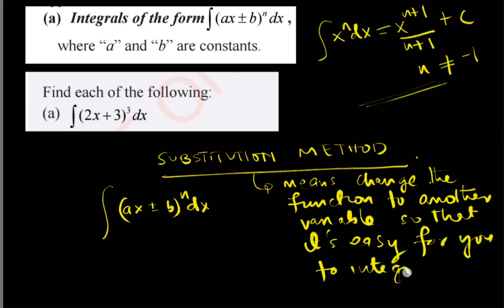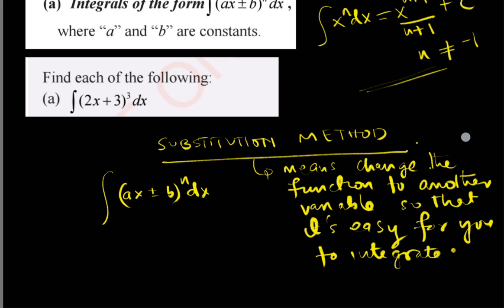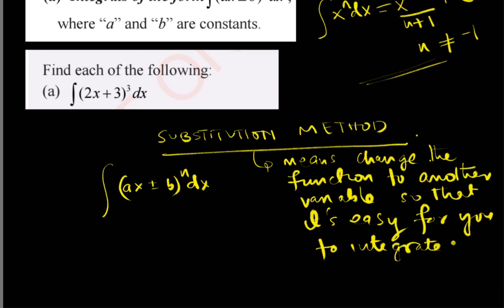This is the only reason we do substitution. We are going to change the nature of the function so that it's easy for us to integrate. So you are going to use another letter different from the one given in the question.